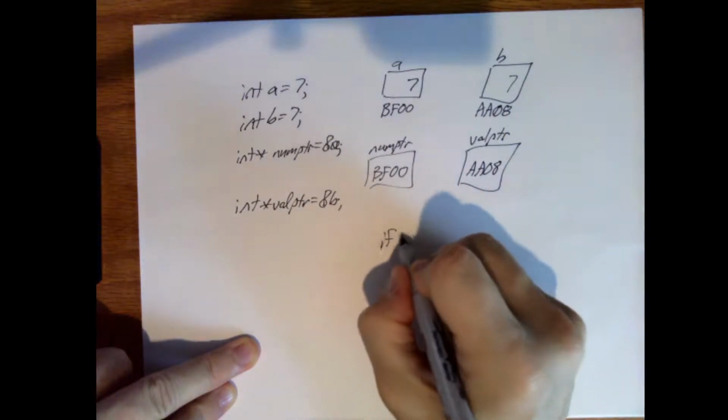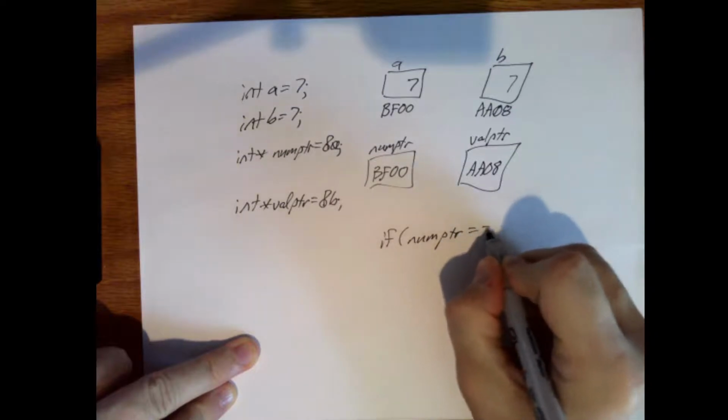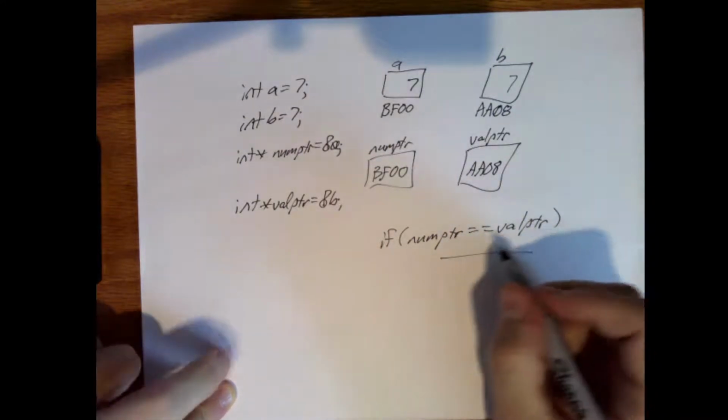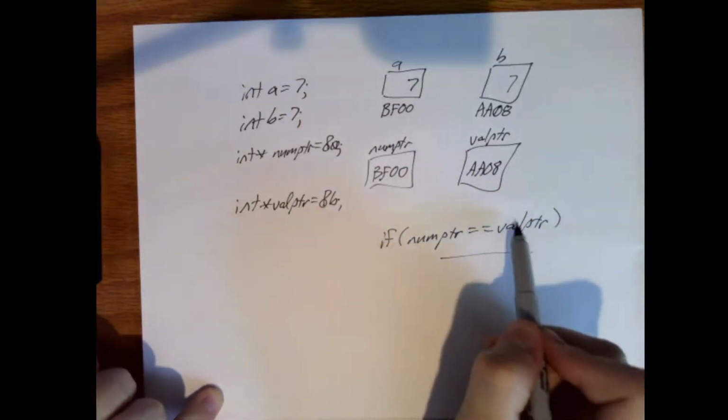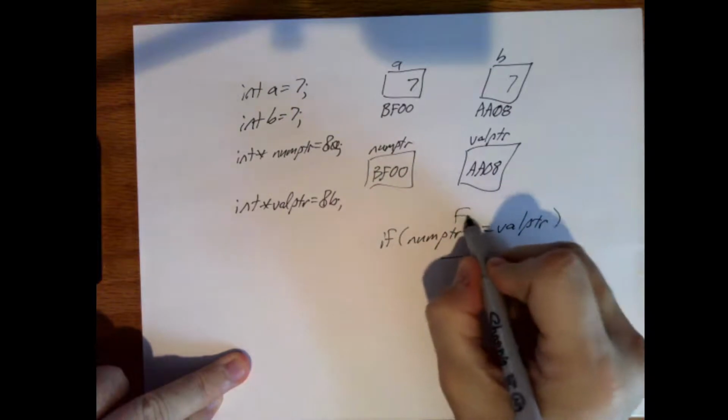So now if I write if num pointer equal val pointer, and then do something if that's true, what am I comparing? I'm comparing bf00 to AA08. So this is false.